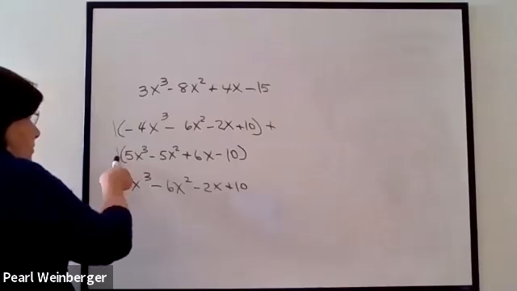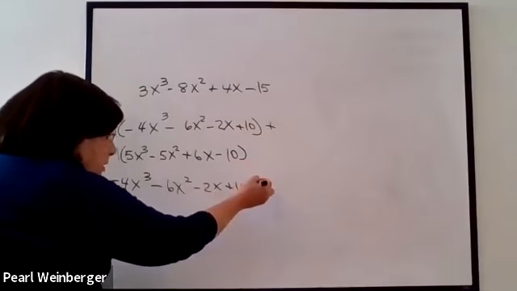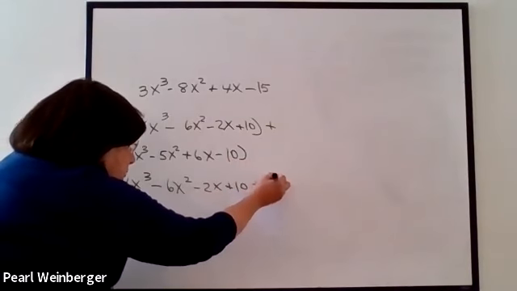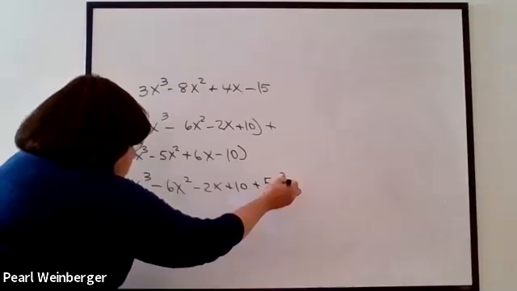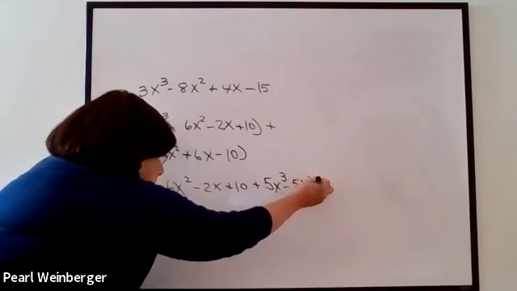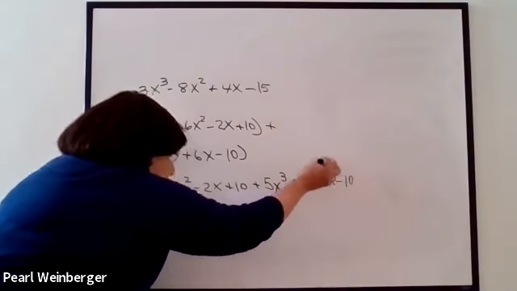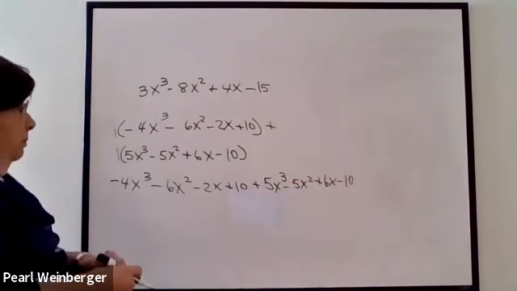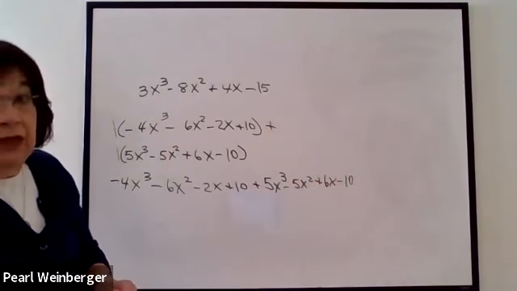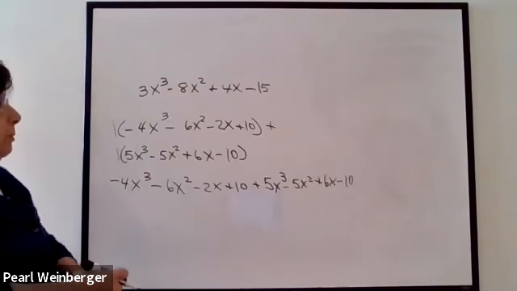The second parenthesis also has a plus 1 in front of it. So that becomes plus 5x cubed minus 5x squared plus 6x minus 10. So I get rid of my parentheses. Being careful, if there is a number there, a coefficient, I multiply, use the distributive property.